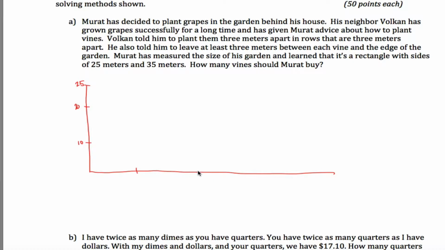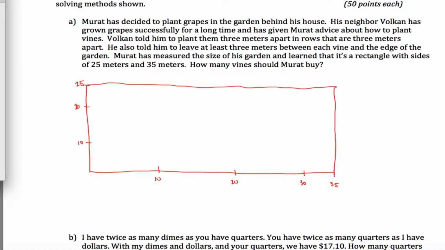This is not at all to scale. 10, 20, 35, sure, who cares? Sorry for the terrible picture, but hopefully it'll suffice. Wow, it's very hard to draw on a computer. Okay, anyways, here's my garden, or Murat's garden, or whatever this is.